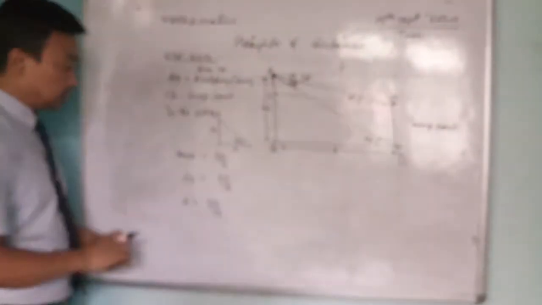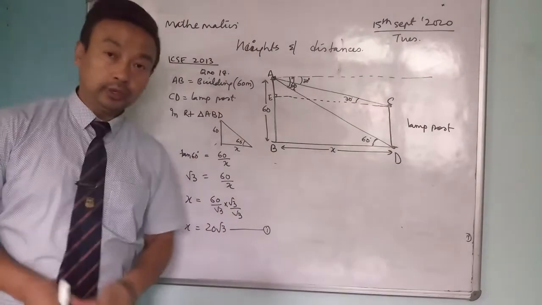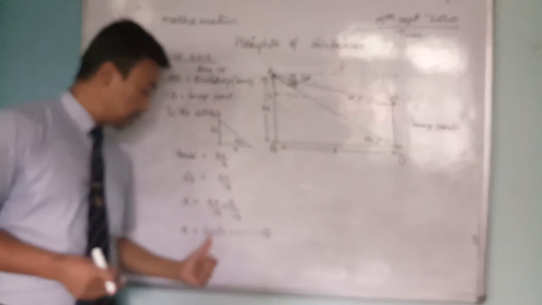Now when you rationalize this, root 3 into root 3 will be 3, into 20. So this is your value. We got the distance between the building and the tower to be 20 root 3. You can substitute the value of root 3 as 1.73 and multiply with 20, you get that distance.